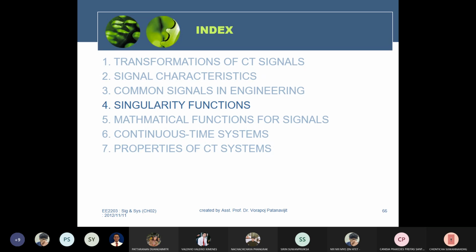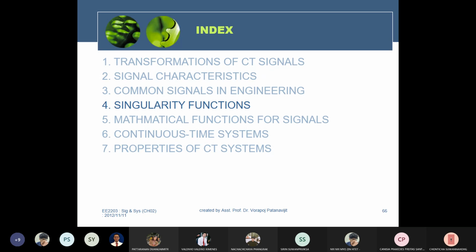Or the derivative equals infinity. For example, this graph. The slope of this graph, right? The slope of this part equals 0. The slope of this part equals delta y divided by delta x approximately, right?